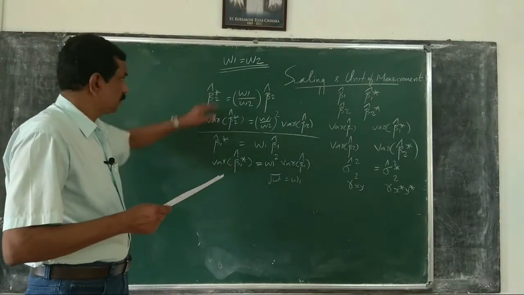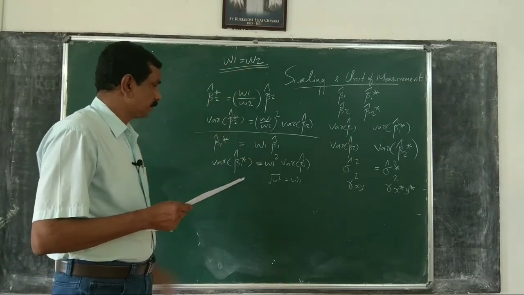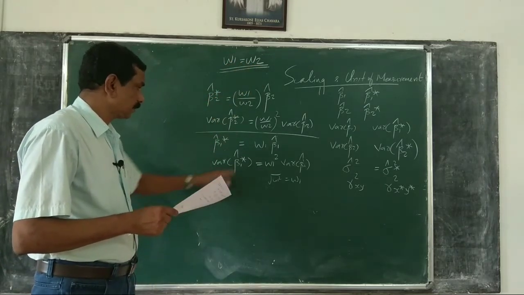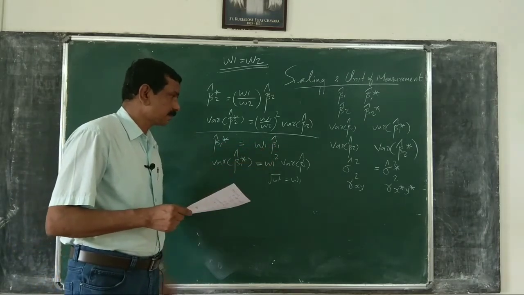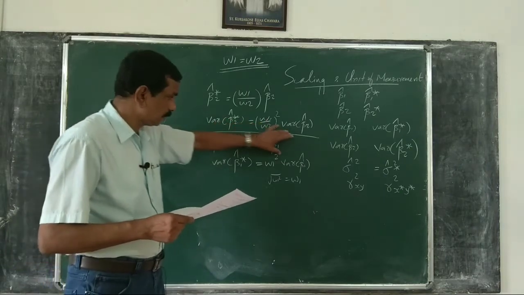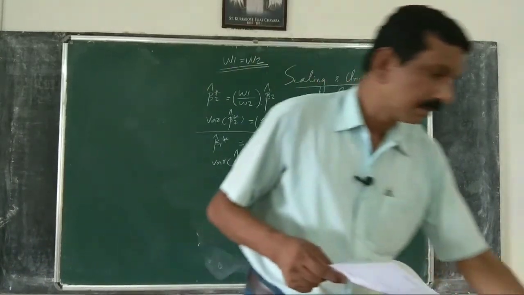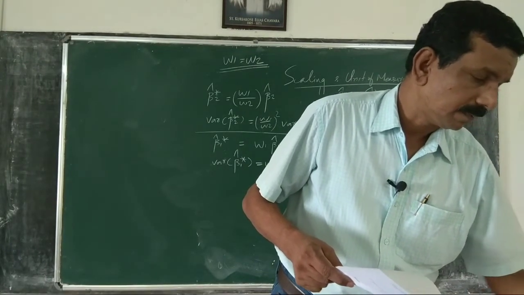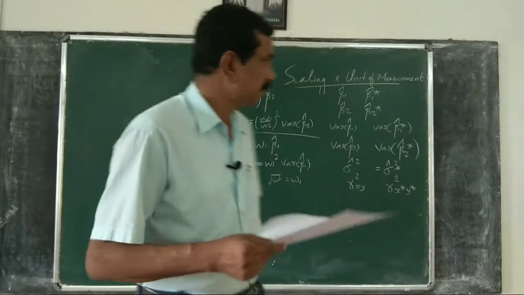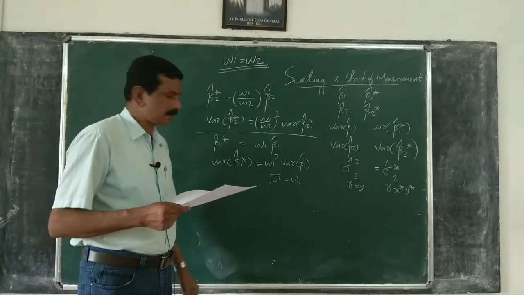Now, when we multiply x and y with W1 and W2, as you can see, the intercept is multiplied by W1. That is W1 into beta 1 hat. And what is W1? As I told you, W1 is the weight of Y, W2 is the weight of X, the scale factor.